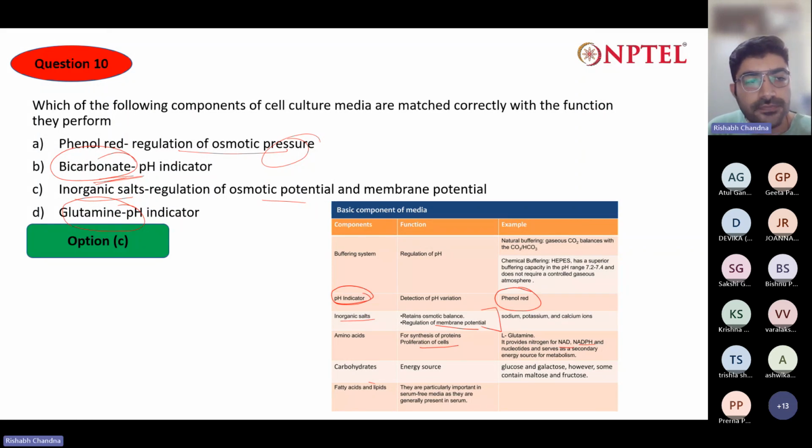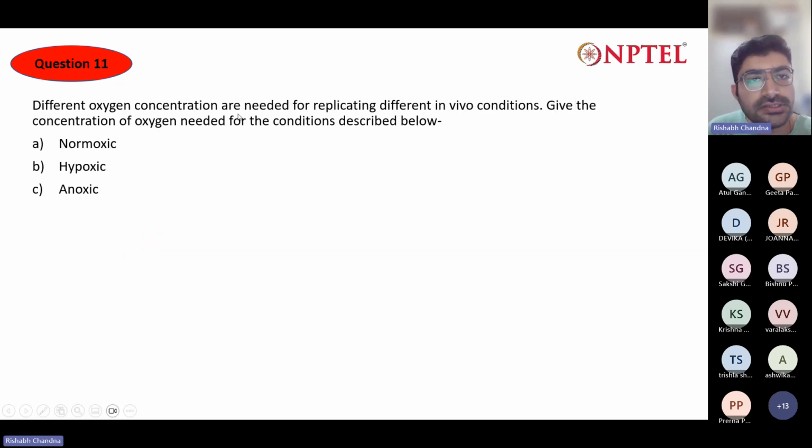If not, then we'll move on to the next question. Different oxygen concentrations are needed for replicating different in vivo conditions. So we want the oxygen levels in percentage that are maintained in these types of conditions.